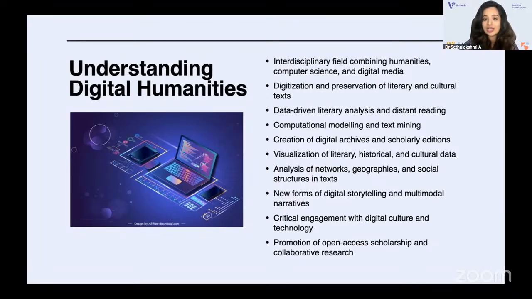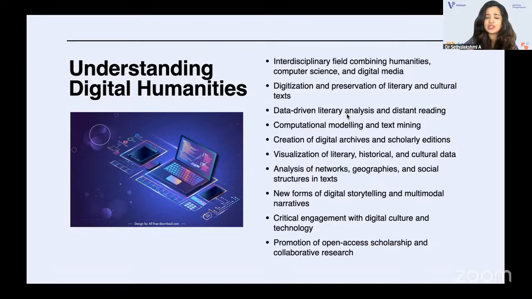Again, all these online archives, then there are a lot of projects that are happening these days. One of the primary advantages is making them accessible to researchers around the world. That is one possibility of digital humanities. It supports data driven literary analysis.